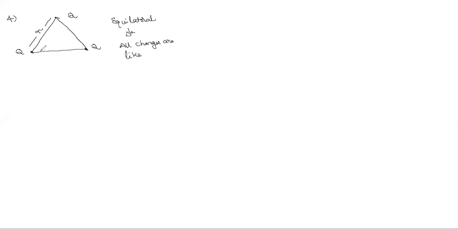In this case, if I ask for the force on any one charge, how much is it? If I take more than two charges, for any one charge we have to find the net force.